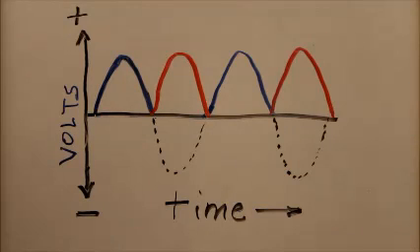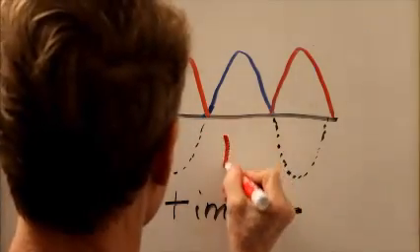So in full wave rectification, the filter capacitors get charged twice as often as they do in half wave rectification, and that is choice B, as in bravo.